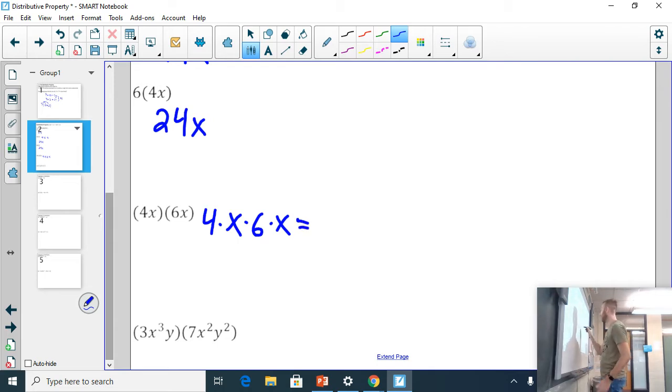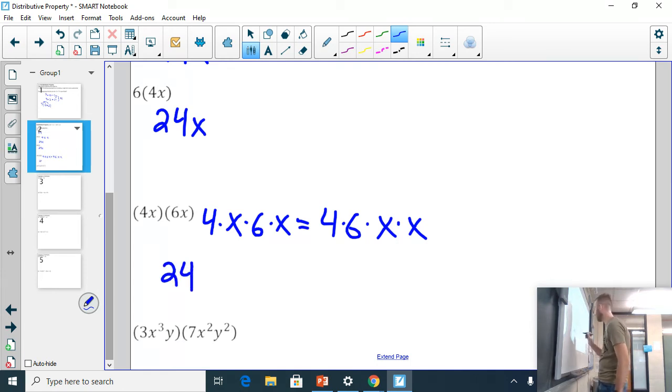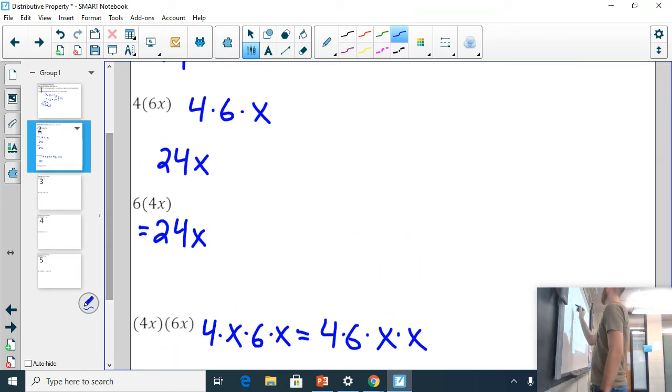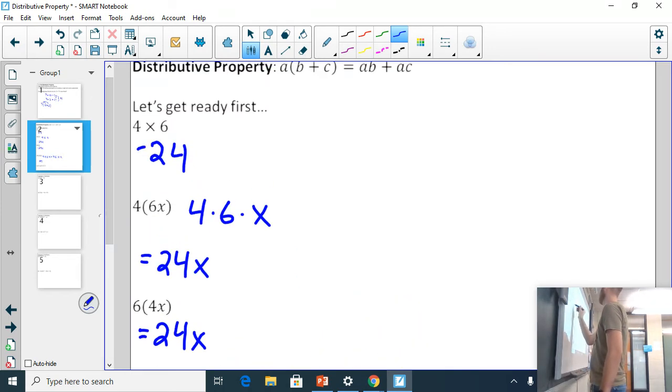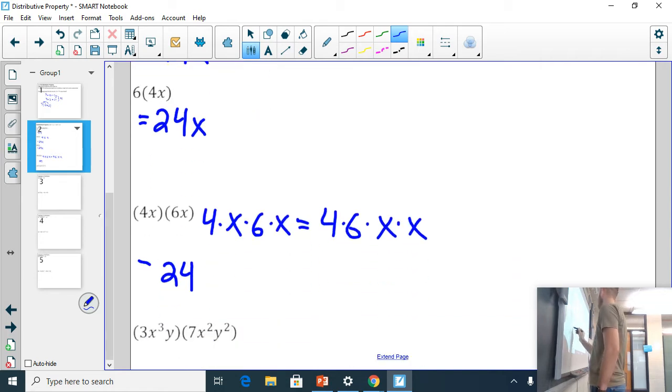Because you can multiply in any order, so why don't we do 4 times 6 first, and then we leave the x's out front. So I always just do the numbers first. 4 times 6 is 24, right? And these should all have equal signs, right? So we have 24, but now what happens when we have 4x times 6x?